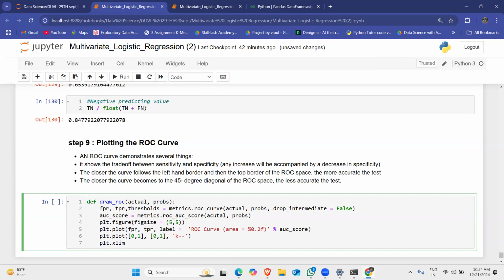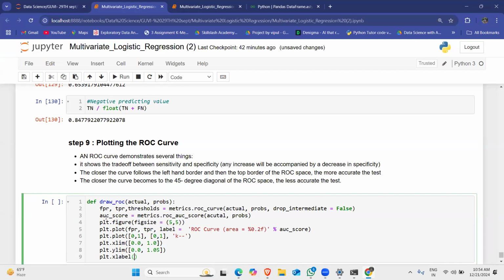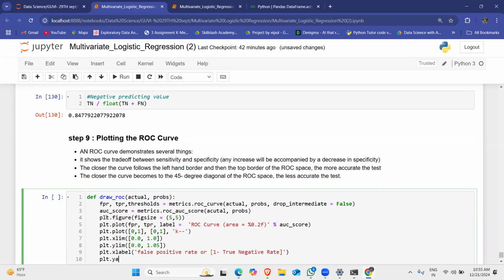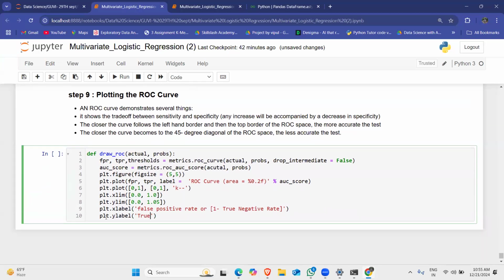plt dot xlim 0.0, 1.0. plt dot ylim 0.0, 1.05. plt dot xlabel is false positive rate or 1 minus true negative rate. plt dot ylabel is true positive rate.